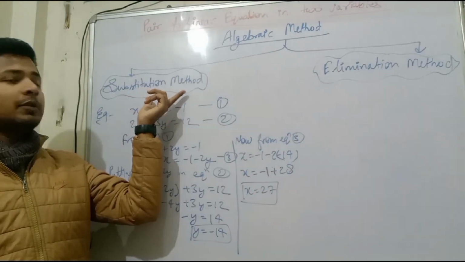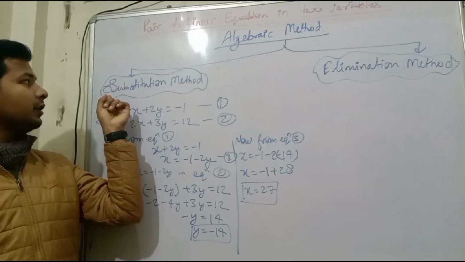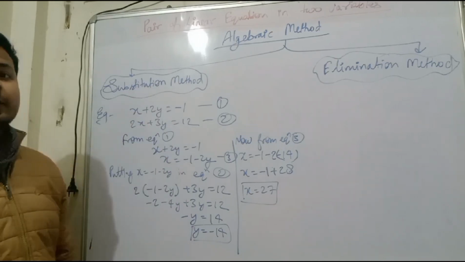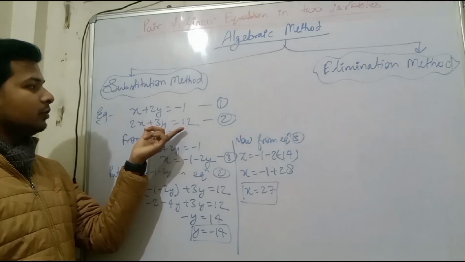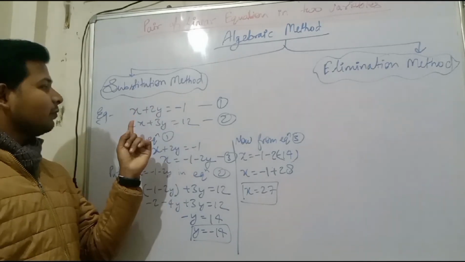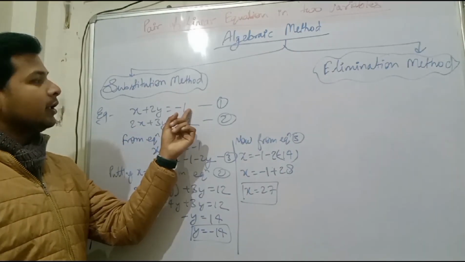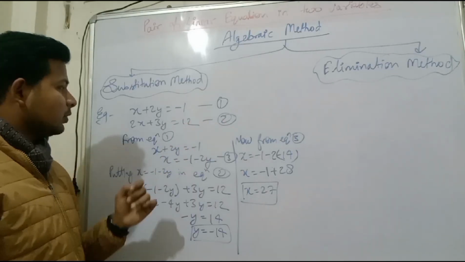So first of all, understand the meaning of the substitution method. Let's understand it with an example. The word substitution itself specifies the concept of this method. You are given two equations. The first equation is x plus 2y equals minus 1 and the second equation is 2x plus 3y equals 12. Let's call the first equation number 1 and this one equation number 2.